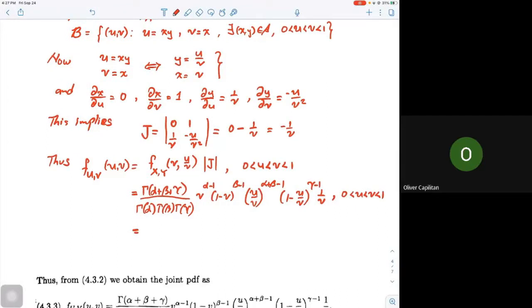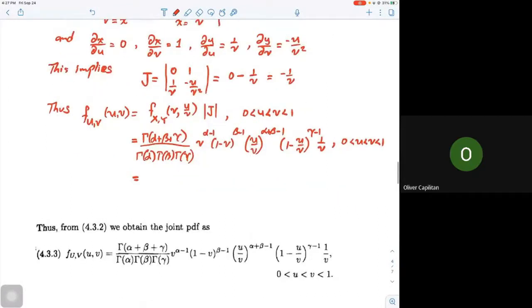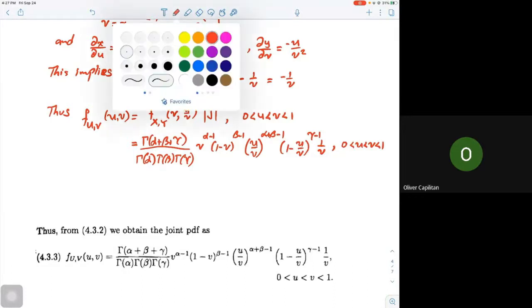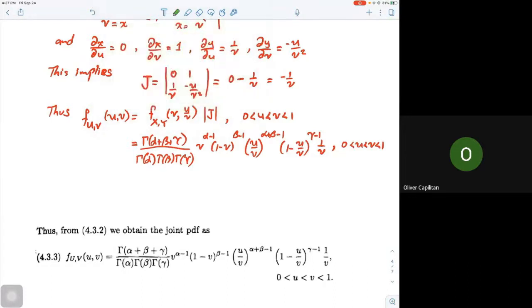Okay, so simplify. Anong nangyayari dito? If you're going to simplify that, itong part na to, say for example, this one, this is a v alpha over v.